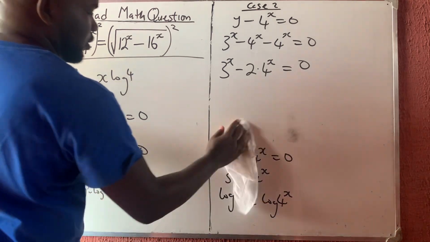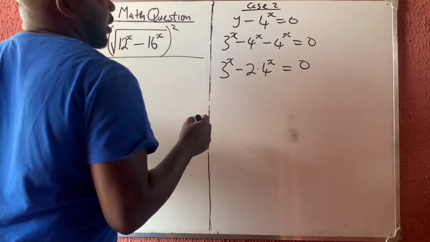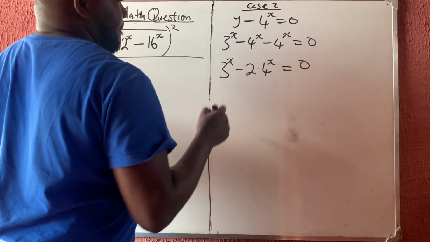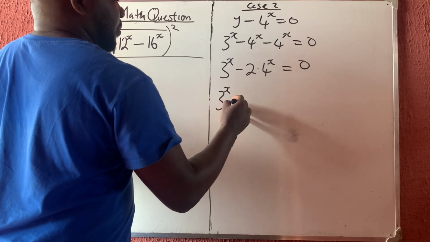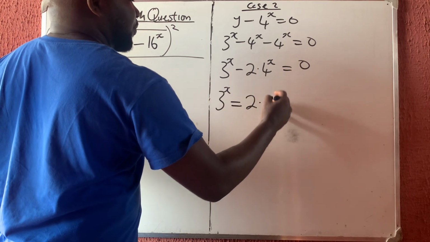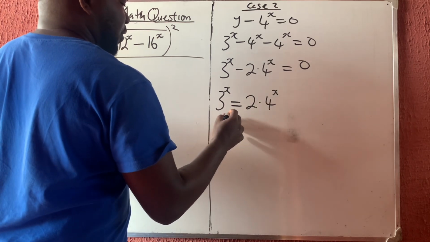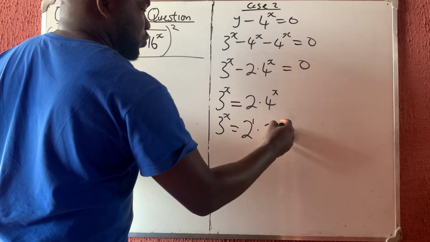So what do we have here? Let us take this to the other side. If I take this to the other side, I'm going to have 3 raised to power x is equal to 2 dot 4 raised to power x. So this is 3 raised to power x is equal to 2 raised to power 1 dot 2 raised to power 2x.